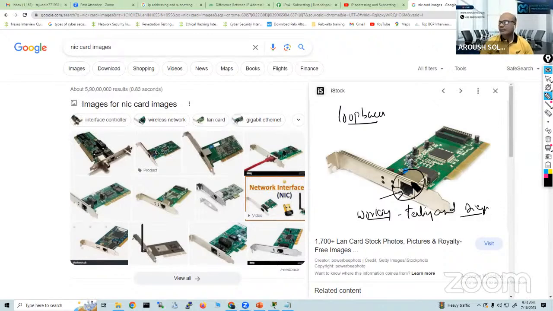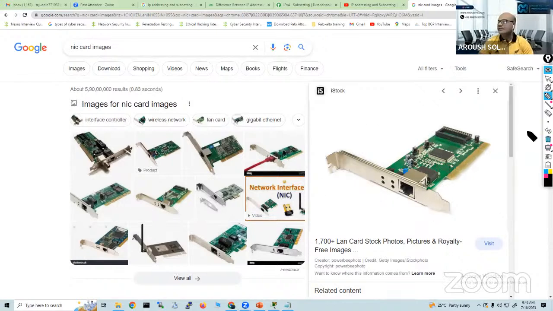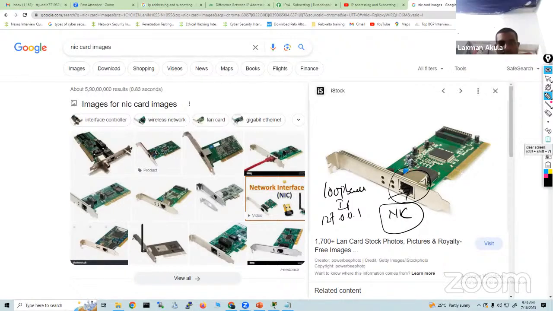For example, suppose the IP address is 192.168.1.100 and there is no communication happening. Maybe it is down or not working. So they will assign the loopback IP, from 127.0.0.1, and then check whether this NIC, the network interface card, is working or not.